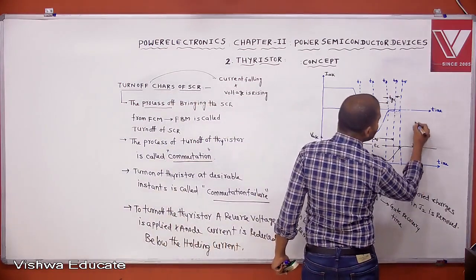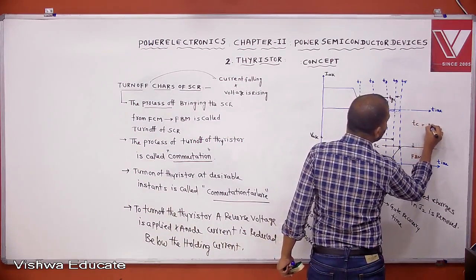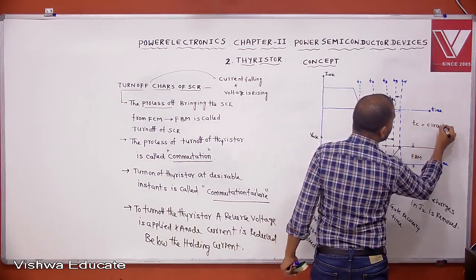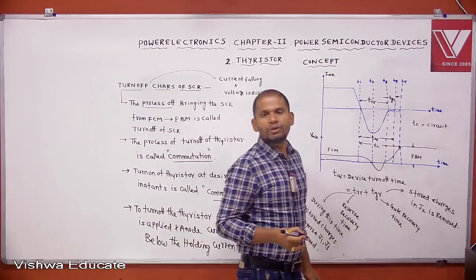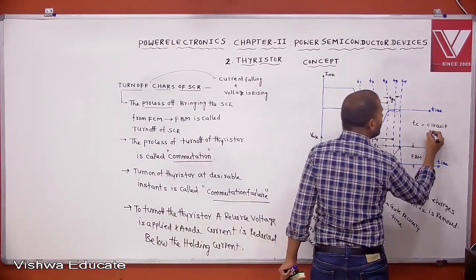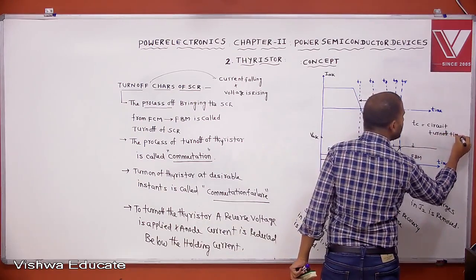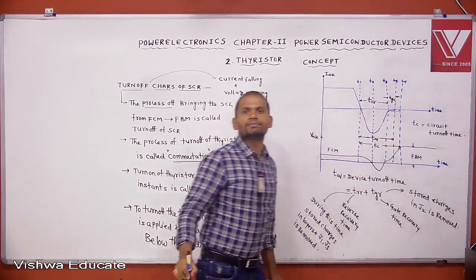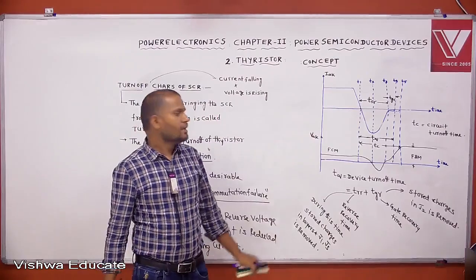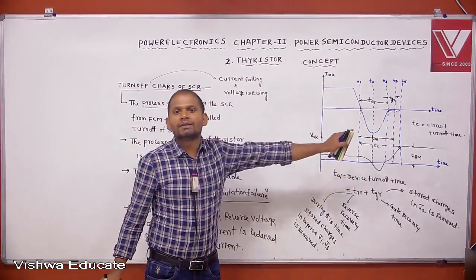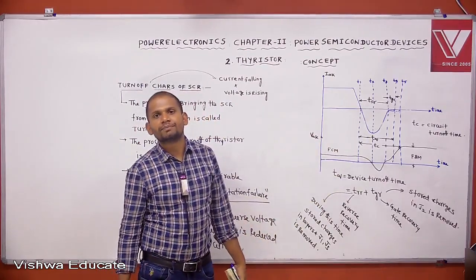Then TC is the circuit turn off time. What is the difference between device turn off time and circuit turn off time? Later on I will explain. This is the device turn off time and this is the circuit turn off time.